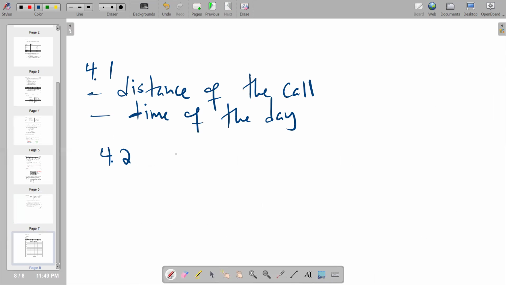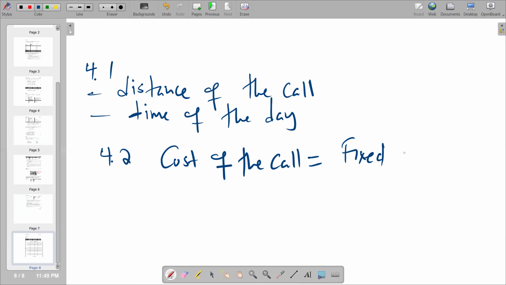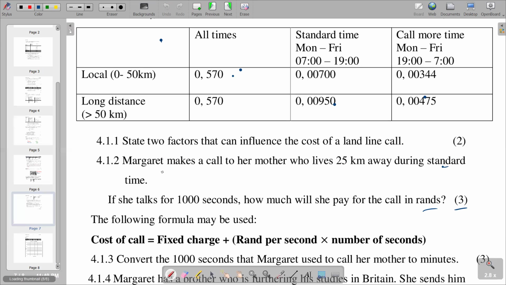We are saying cost of the call is equal to fixed charge, and then we refer back to the formula that we are given. Fixed charge, we add rand per second times number of seconds.